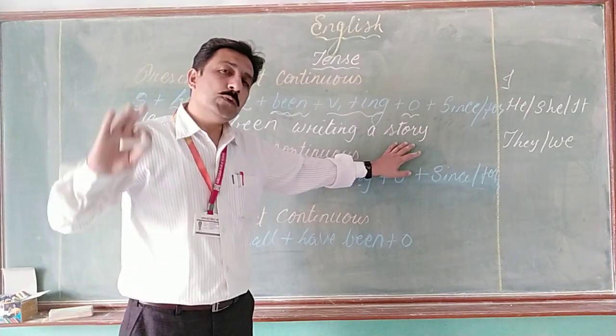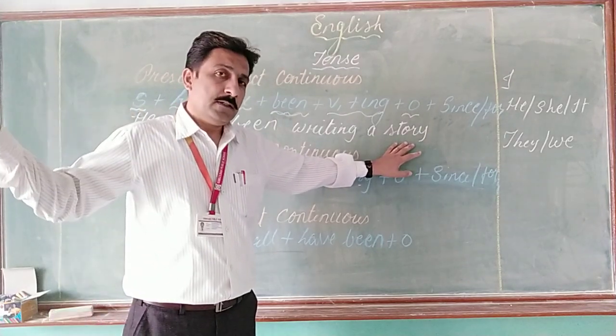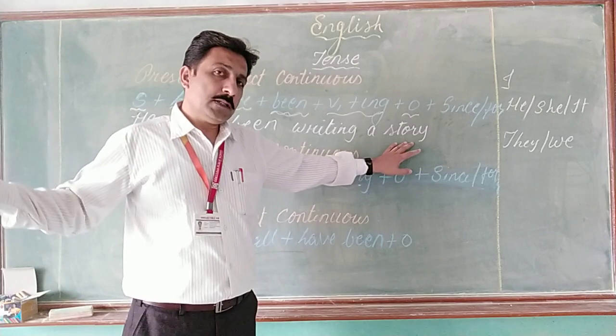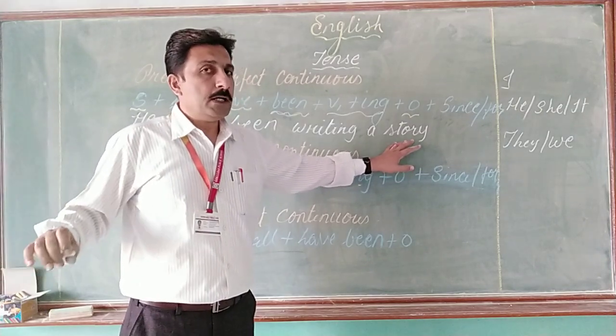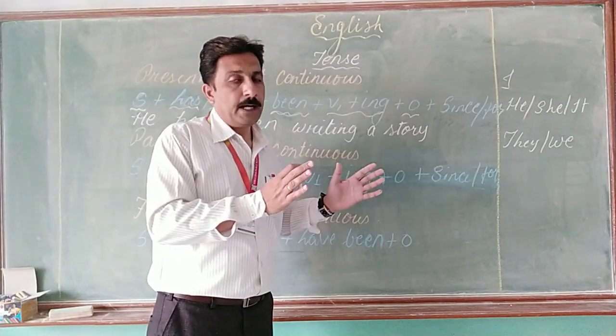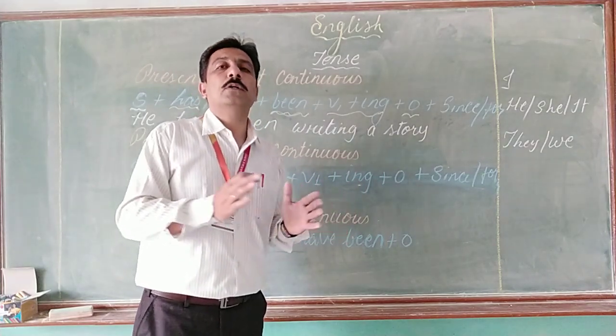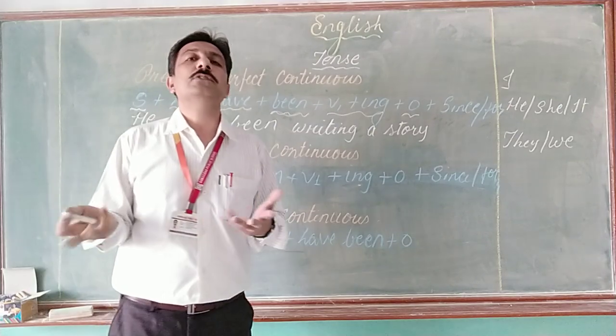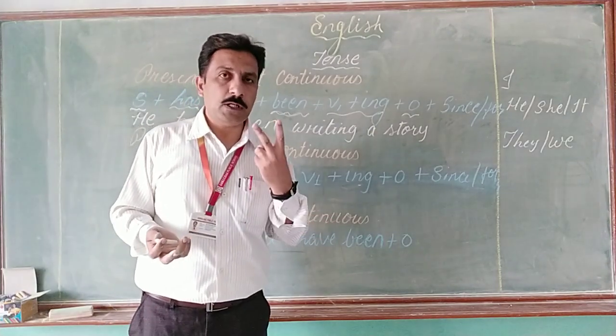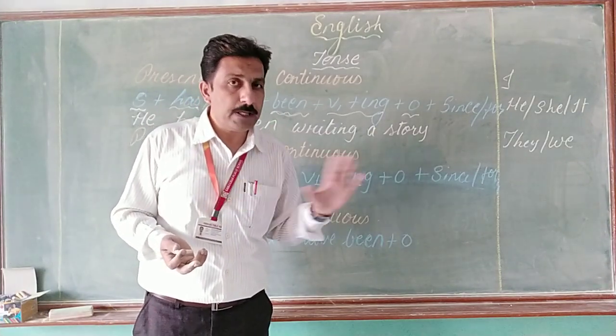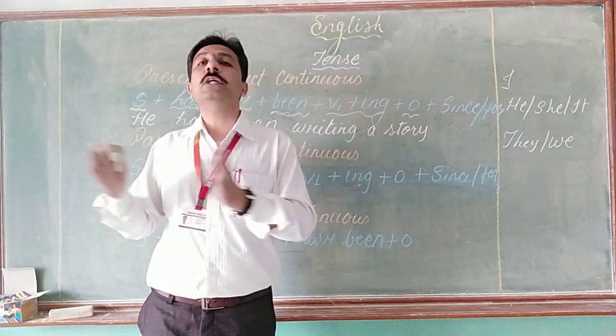For example, he has been writing a story. If I say that 2 hours before he started, so 2 hours is a duration. I don't know whether this 2 hours is of morning, of evening, or of night. I only know 2 hours. So it is not a fixed time. It is a duration.